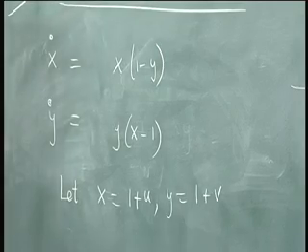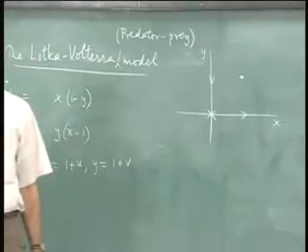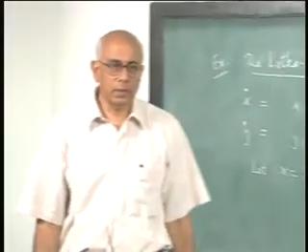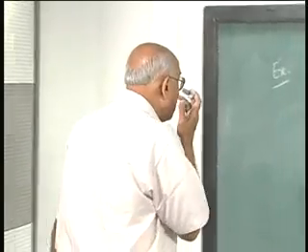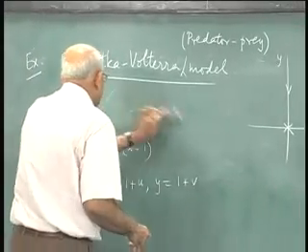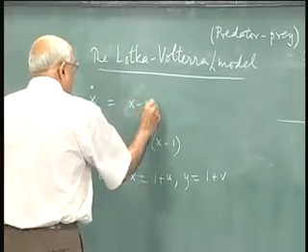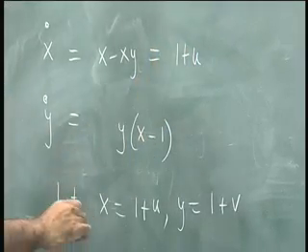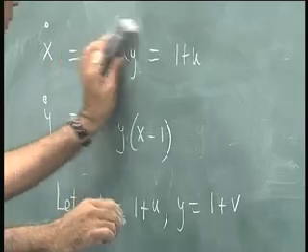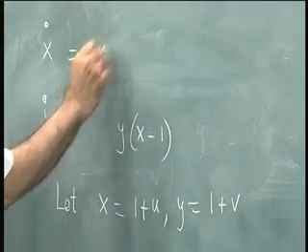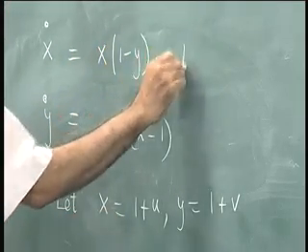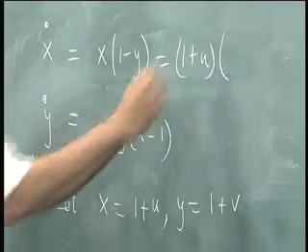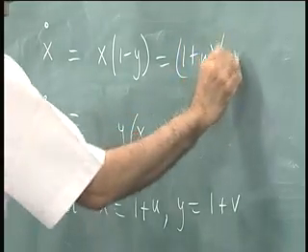So I shift my origin to this point here and then ask, what do the equations look like in this case? Well, let us write this as x times 1 minus y, which is equal to 1 plus u multiplied by 1 minus y, which is minus v.